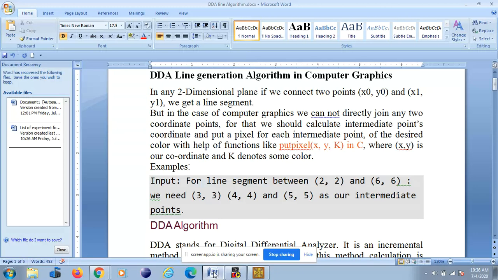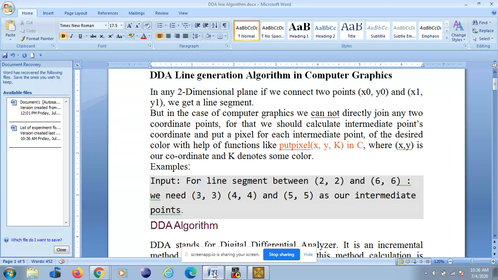To draw the line segment, we have to calculate the intermediate points. After calculating the intermediate points, we can put a pixel for each intermediate point in the specific color you want, with the help of the graphics function, that is putpixel.